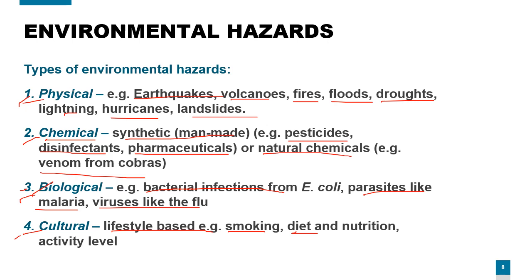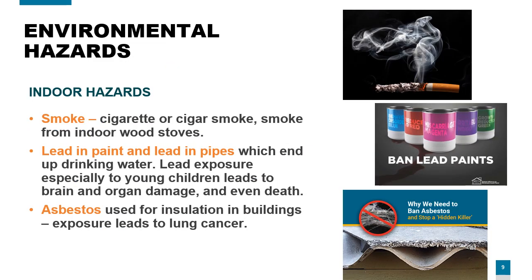Your diet, how you eat, is it a balanced diet or are you always eating chips or junk food? Proper nutrition, is what you eat sufficient for the biological or metabolic processes of your body? Okay, so those are environmental hazards. Next, we have also here the indoor hazard.